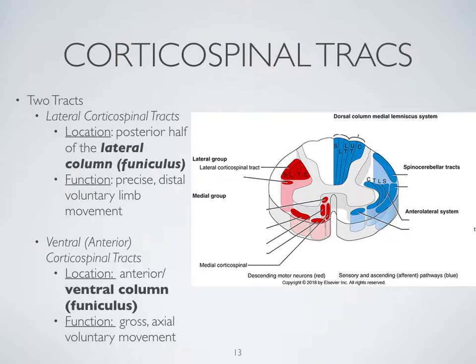So the lateral group of that cortical spinal tract is going to be in the lateral white columns, or that funiculus, in the lateral posterior half of that funiculus. And this is our lateral cortical spinal tract, which is going to be for precision limb movement, that voluntary limb movement.